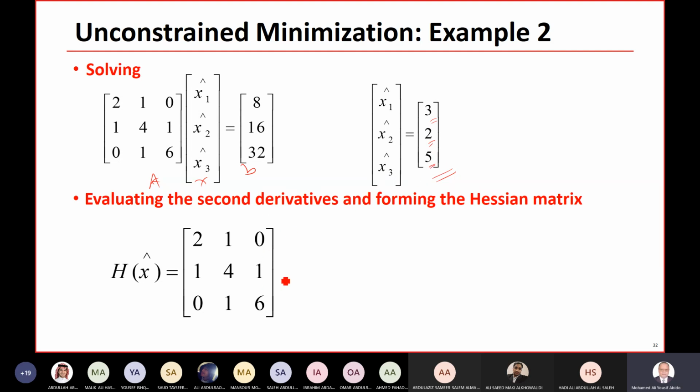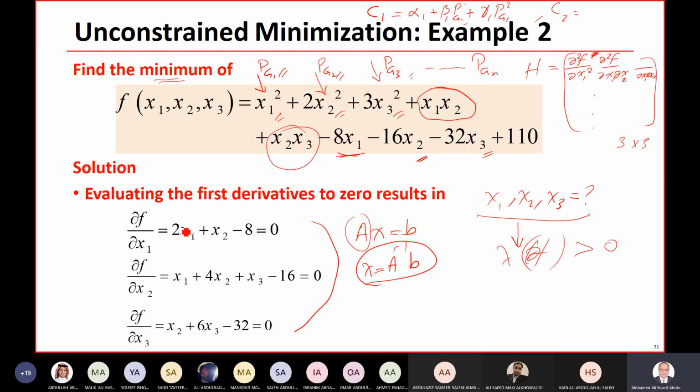What we need to do is construct the Hessian matrix. From the derivative, we get partial square f over partial x1 square. What is the value of the entry here? 2. 2, exactly.